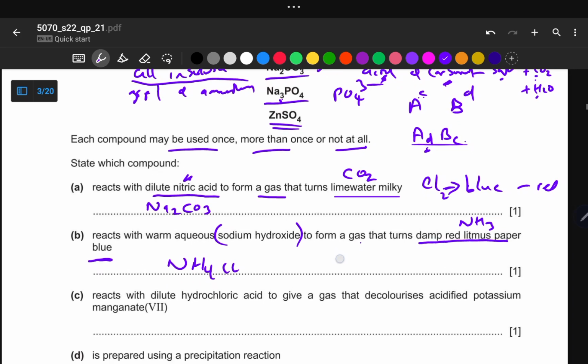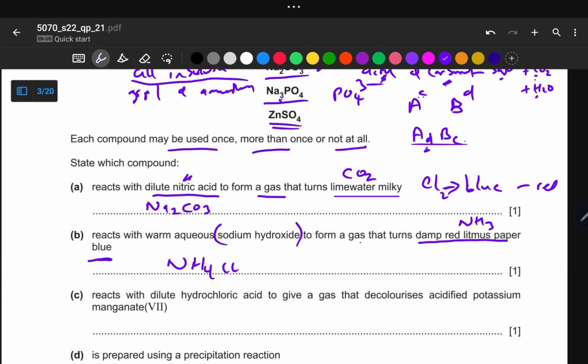Then we go on to part C, which says the compound which reacts with dilute hydrochloric acid to give a gas that decolorizes acidified potassium permanganate. So we want to produce a reducing agent, because the permanganate is our oxidizing agent. We defined an oxidizing agent as the one which becomes reduced after the end of the reaction, and the reducing agent as the one which becomes oxidized after the reaction.